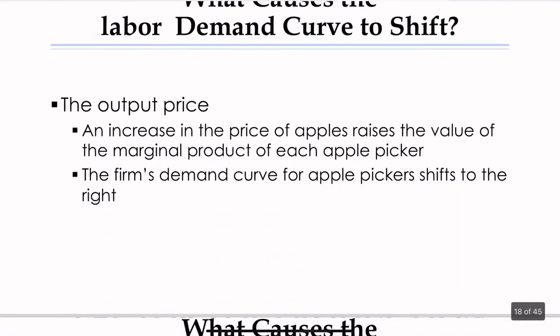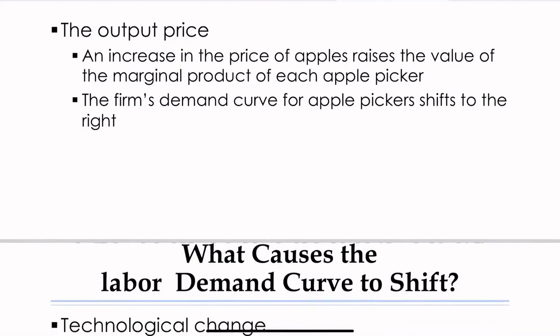First, output price. This is pretty easy to understand. You can imagine that if output price increases, then the demand curve should shift to the right, right? For example, if the price of apple increases, then you can imagine that the firm will want to hire more apple pickers. So why do we get this result?